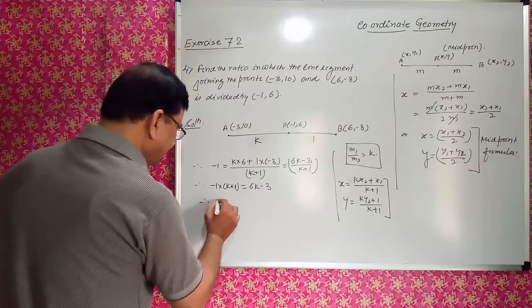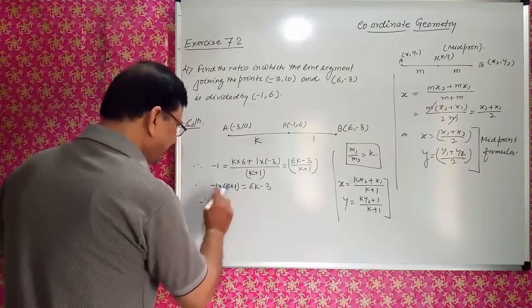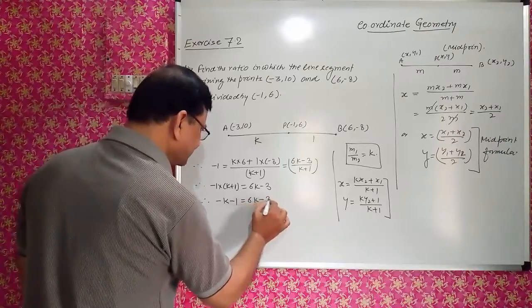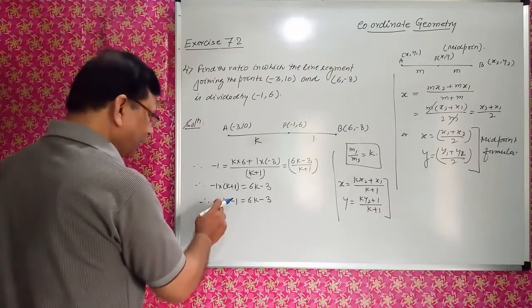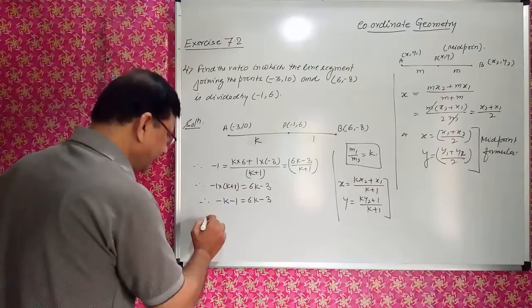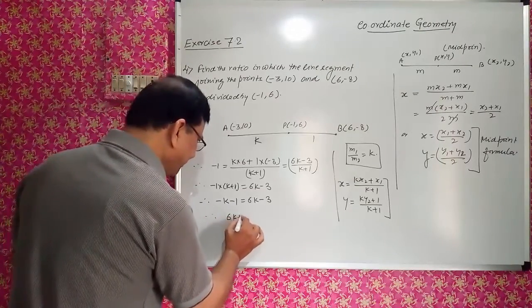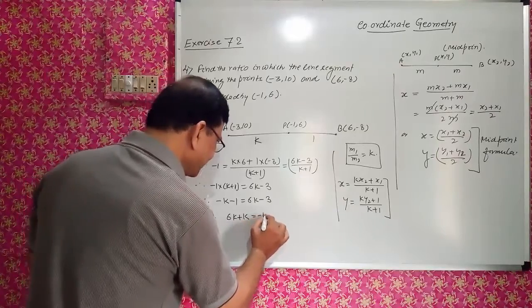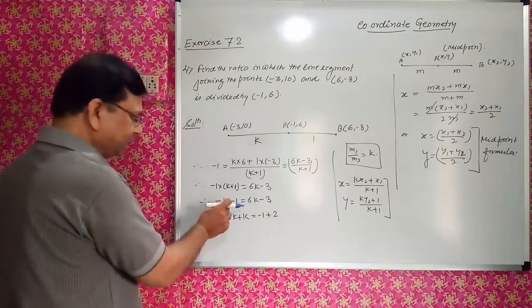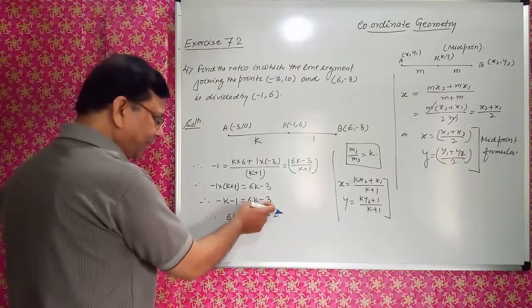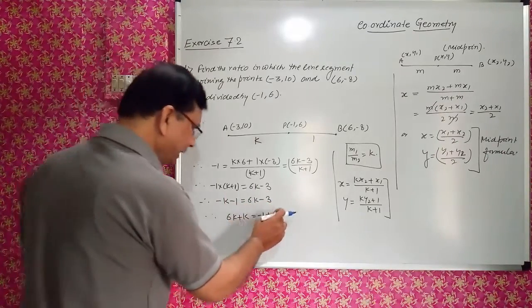Therefore, minus K minus 1 is equal to 6K minus 3. So if I take minus K on this side, therefore we can write 6K plus K is equal to minus 1 plus 3. I have taken minus K on this side, so 6K plus K will come, and minus 3 on this side, so minus 1, it is plus 3.